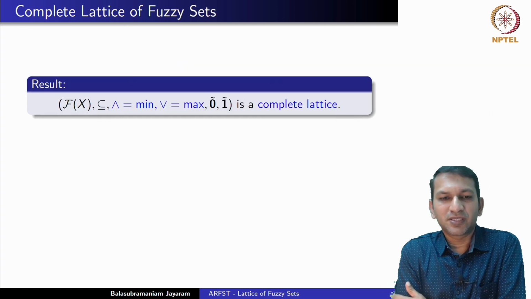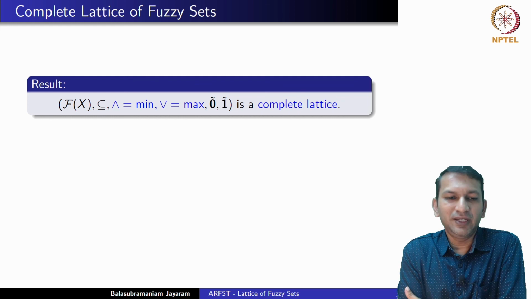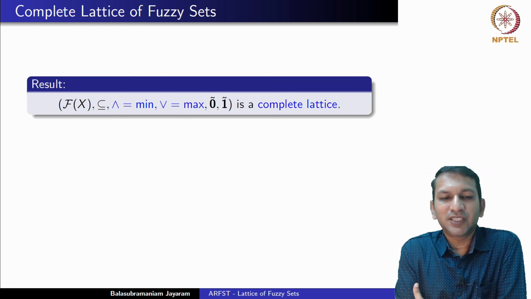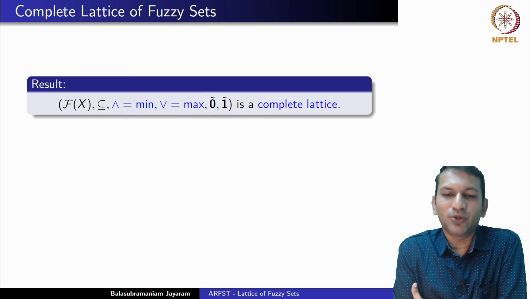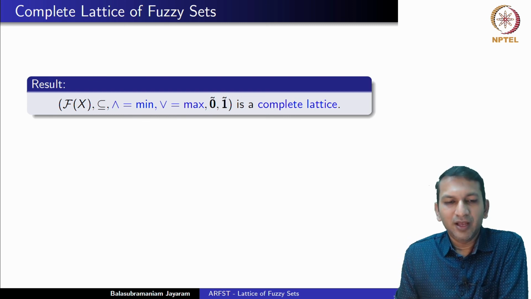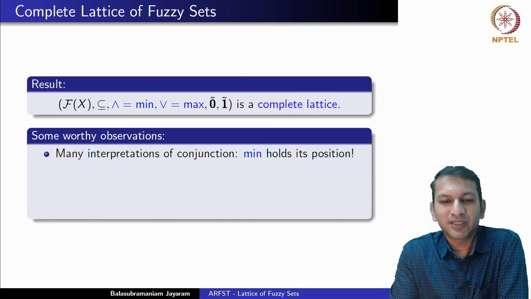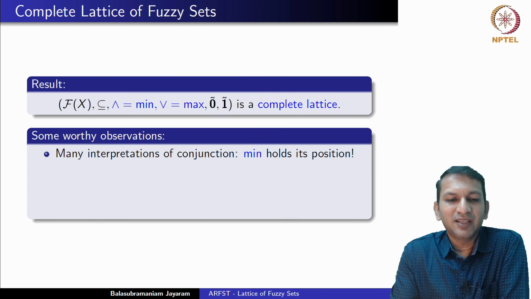Let us wind up this lecture with this very important result. We have seen the set of fuzzy sets on X with respect to the usual pointwise ordering is a bounded poset, in fact a bounded lattice, where the lattice operations were given by the min and the max operations on the fuzzy sets. It can also be shown that it is in fact a complete lattice. A few noteworthy observations can be presented. We have seen that there are many interpretations of conjunction. However, min seems to hold its position.